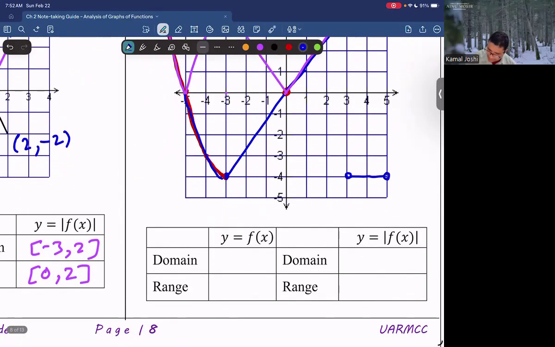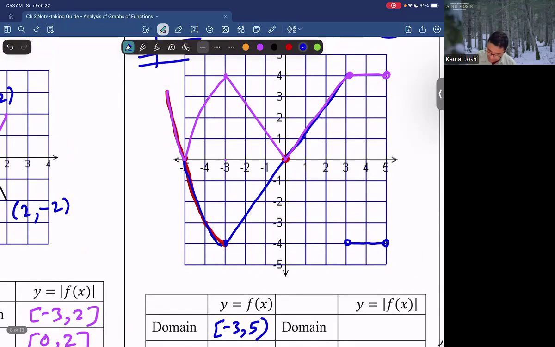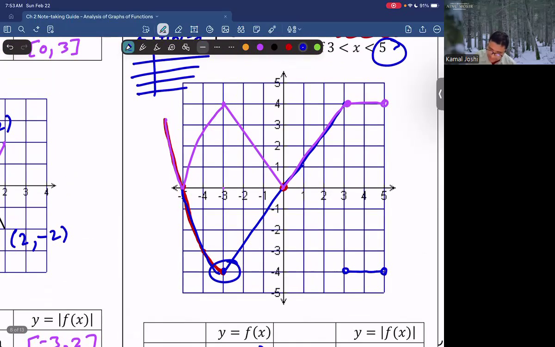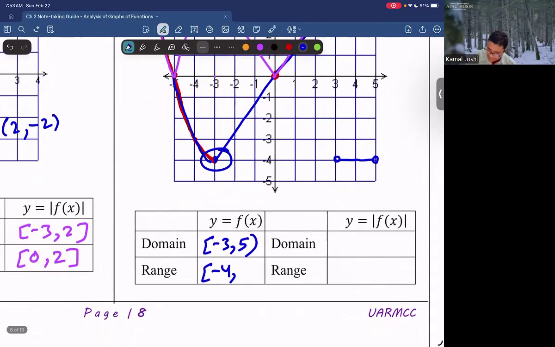Okay, so -3 to 5, parenthesis, not including, and the range, you could see you reached this -4 here. Okay, actually reached it. So that's the lowest value, and the highest value is 4, which you actually reached.